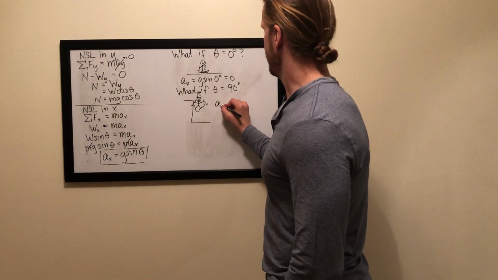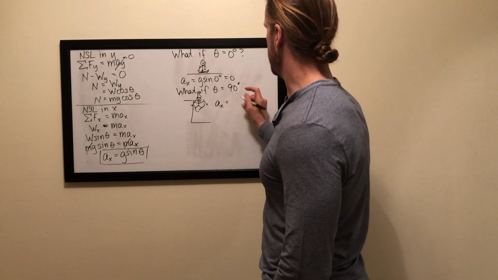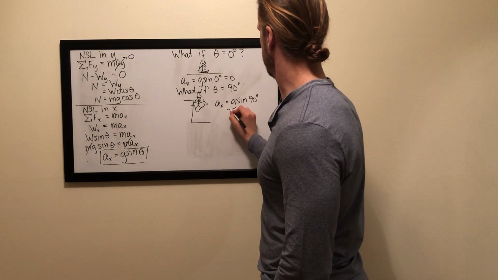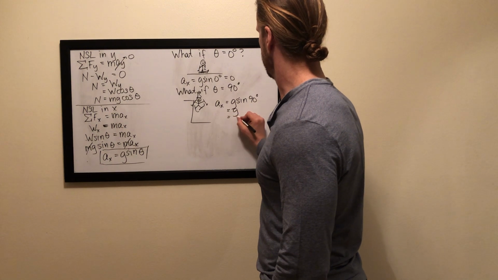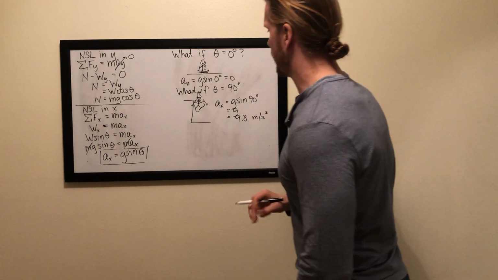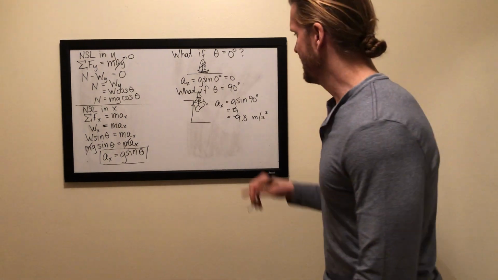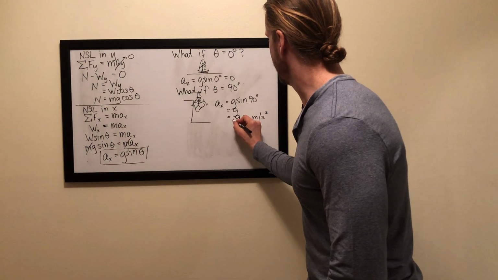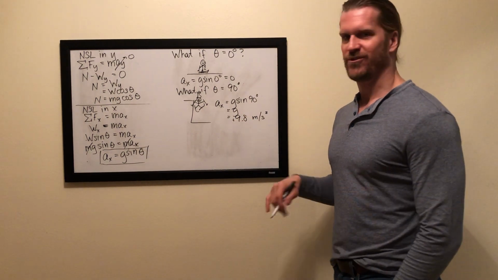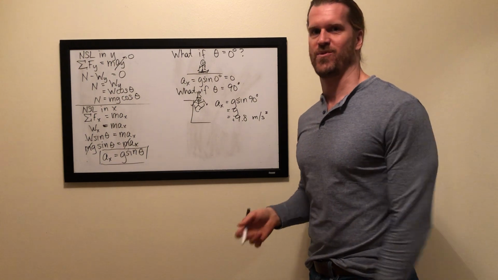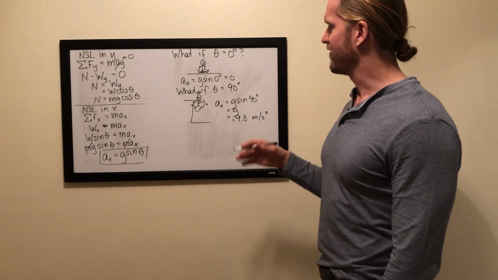And the acceleration would be 9.8 meters per second squared. Notice something weird that happens here. This is positive. Usually when we were talking about falling, we said acceleration was negative 9.8. But in this case, it's positive.